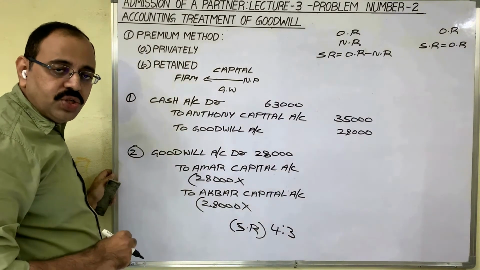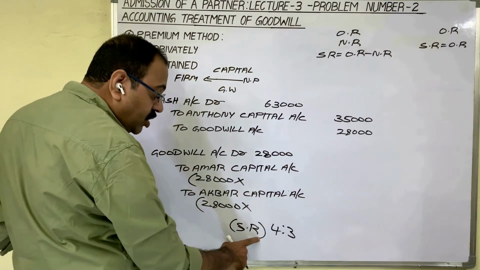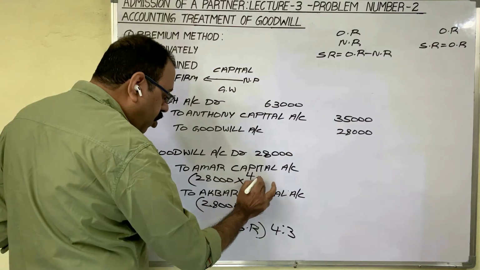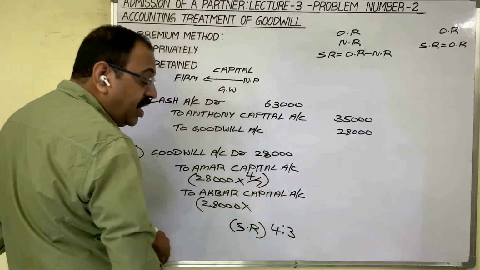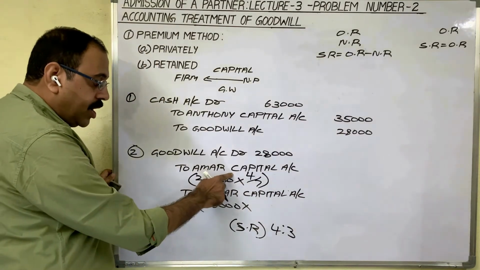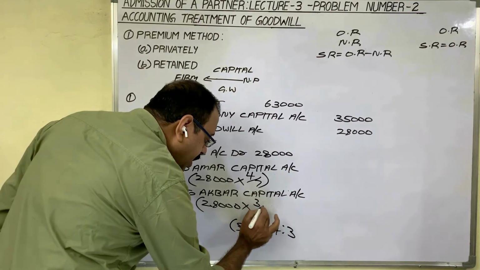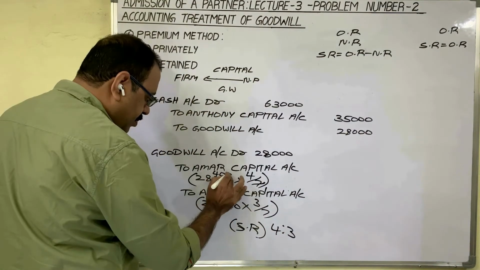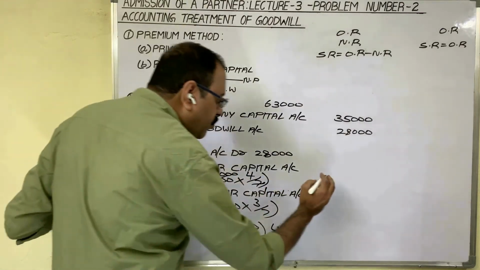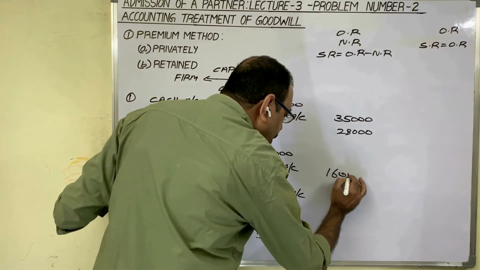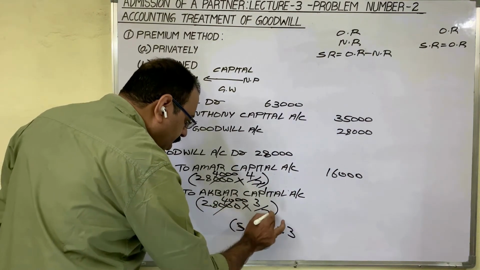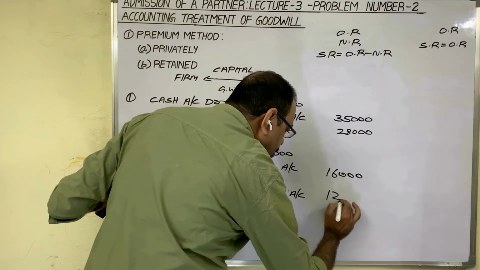Old ratio is 4:3, so sacrificing ratio is also 4:3. In 28,000 rupees, 4/7 share we should give to Amar and 3/7 share we have to give to Akbar. 4,000 into 4, 16,000 rupees. 4,000 into 3, 12,000 rupees.